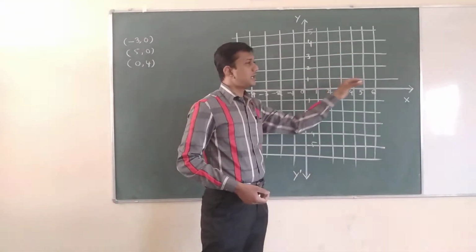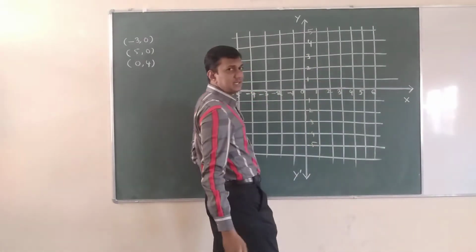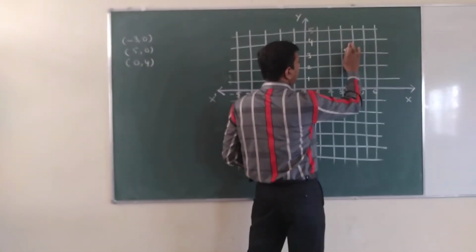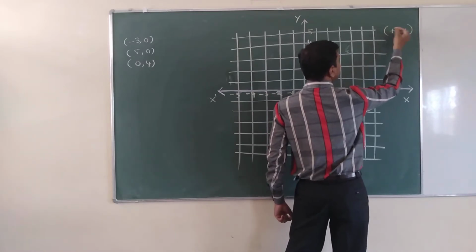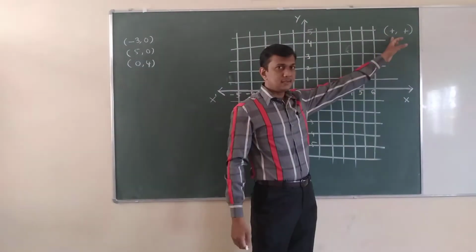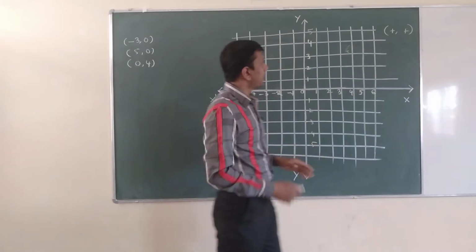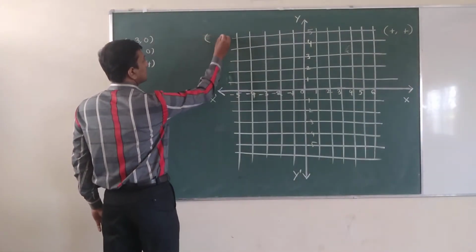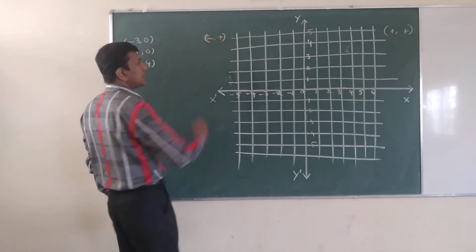In this particular region, if you take any point here, both the x coordinate and y coordinate are positive. The x coordinate is called the abscissa, and the y coordinate is called the ordinate. Here, the x coordinate, that is the abscissa, is negative and the y coordinate is positive.